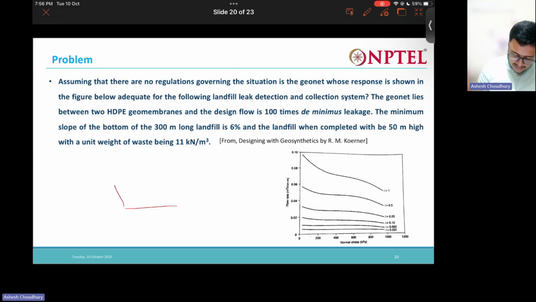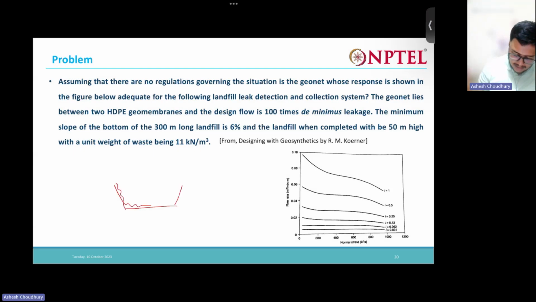Say you have a landfill like this, so you will have some liner. The minimum amount of leakage through the landfill that can occur into the surrounding soil, that is the de minimis leakage. That is just 10 liter per hectare per day.